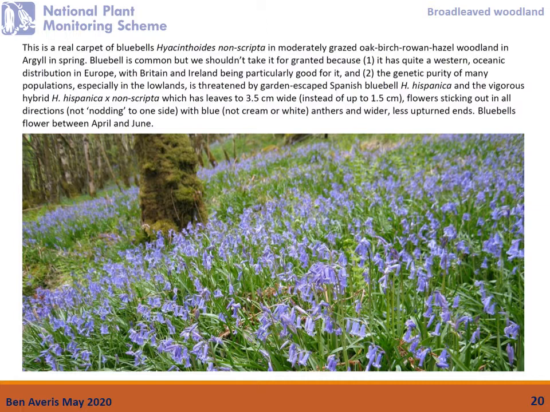They stick out in all directions around the flower stalk, compared with our native one, where they tend to dangle down on one side and the whole flower head can be almost drooping or turned over to one side of it. A few little details about the shape of the flower. It's a bit more parallel sided in the native one, and there's a difference in the colour of the anthers. But the width of the leaves is always a pretty good guide as well, even when you haven't got the flowers.